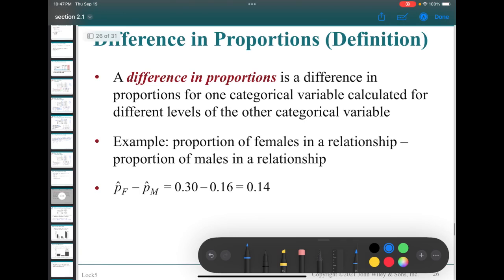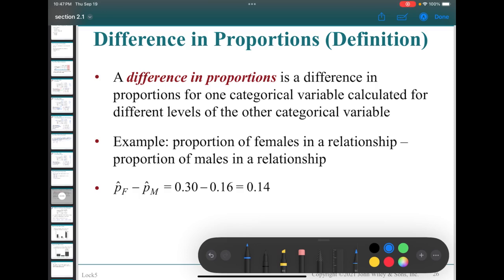Right, difference in proportions. If you need to find the proportion difference between two categorical variables, you can do it. Difference in proportions is the difference in proportions for one categorical variable to the other.